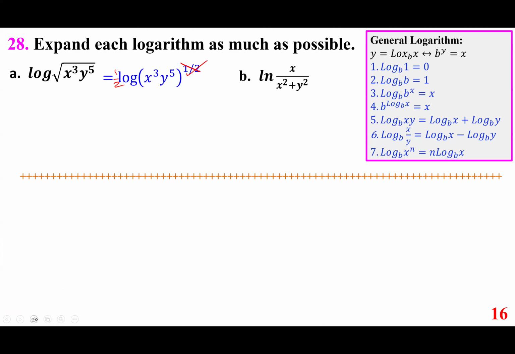And then this one, we use the product rule, log of x cubed plus log of y to the power of 5. So we put the 1/2 in front. This is log of x cubed plus log of y to the power of 5.